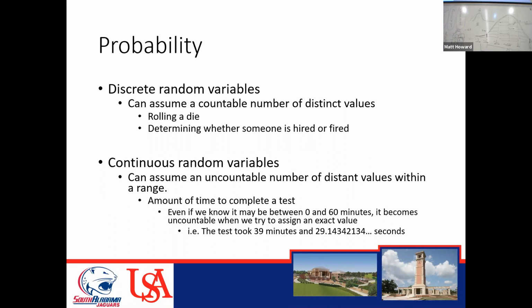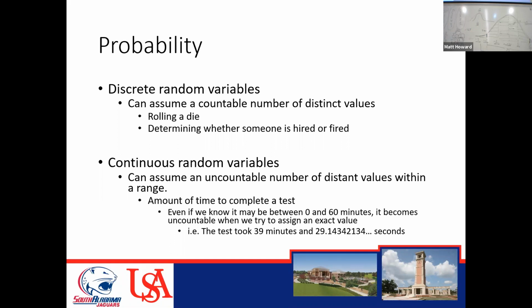So therefore we have to get that probability in a different way, depending if we're looking at continuous random variables or discrete random variables. If we're talking about discrete, we can look at each of those possible observations. We can say that this observation has a 10% chance, this one has a 20, this one has a 10, and so on. Whereas continuous, since we can't count all the possible different events, we have to assign probabilities to ranges of values.